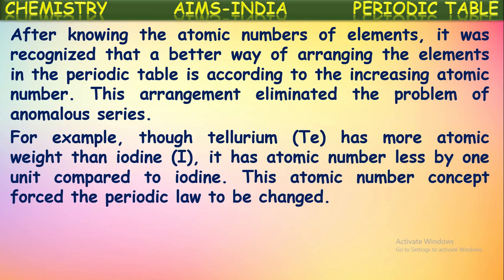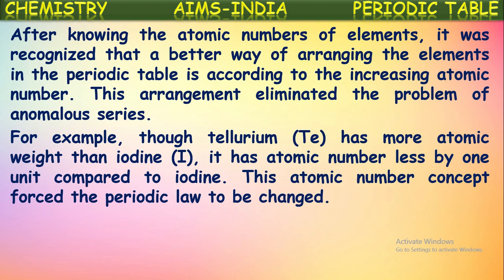For example, though tellurium has more atomic weight than iodine, it has an atomic number less by 1 unit compared to iodine. So this atomic number concept forced the periodic law to be changed. In Mendeleev's periodic table, he kept tellurium, which has the greater atomic weight, before iodine, which has the lower atomic weight.